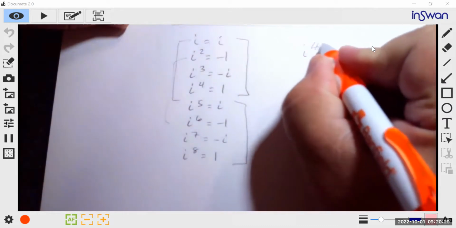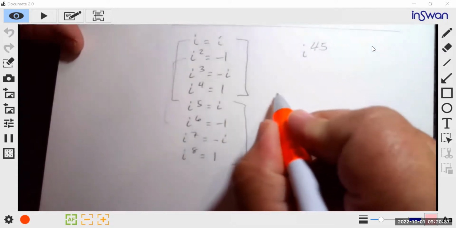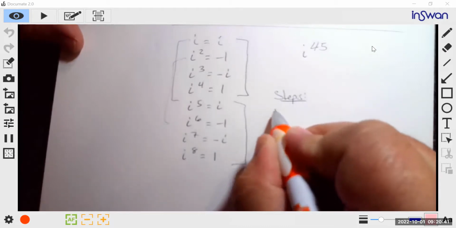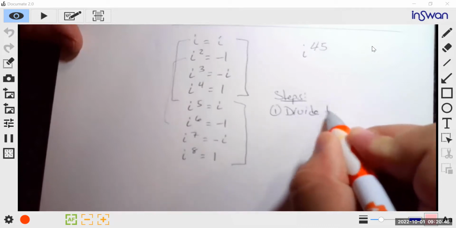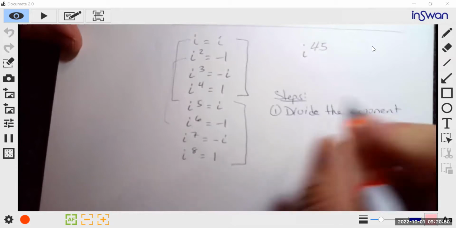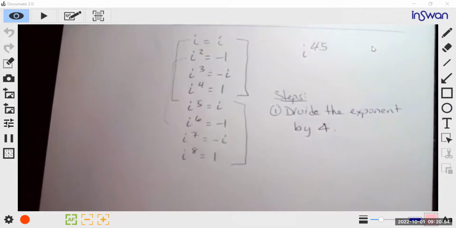So i to the power of 45. The steps are this way. First step: divide the exponent by 4. Why by 4?